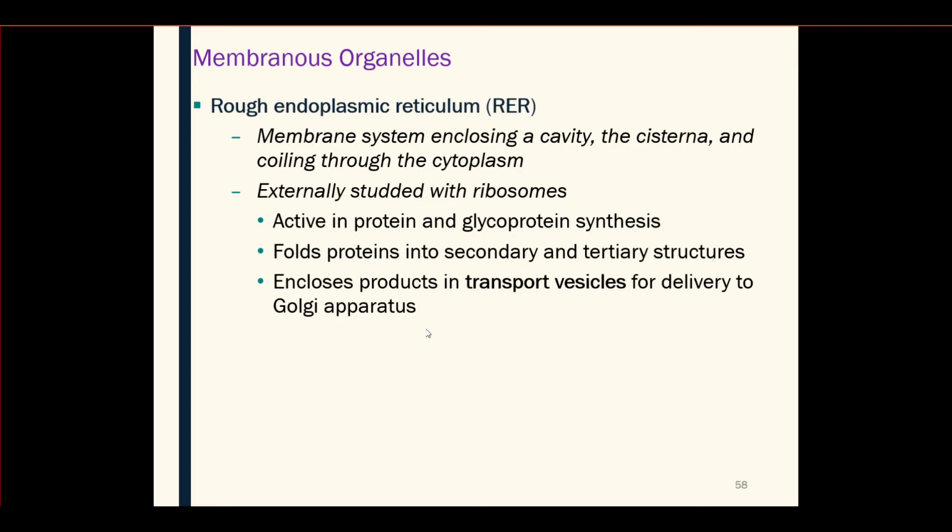Proteins. Then the factory is going to take those proteins, put them into a little truck known as a transport vesicle, and ship them out to the next organelle that we'll look at in a minute, known as the Golgi apparatus. I want you to think of this as a warehouse. So the ER is a factory. The Golgi apparatus is going to be like a warehouse. We'll talk about that in a couple minutes.